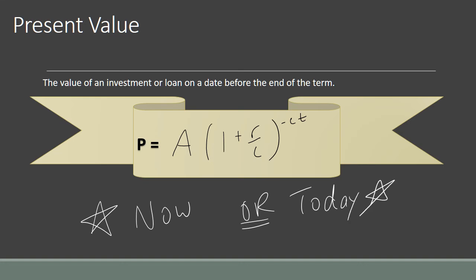So you're going to be looking for those 2 words versus the kind of review examples we did to start plus the last lesson. It's asking you what is the final amount, or how much are you going to have in the future. So that's how you're going to tell it to use this formula or the formula before.